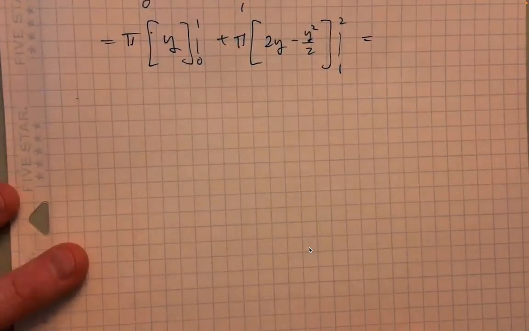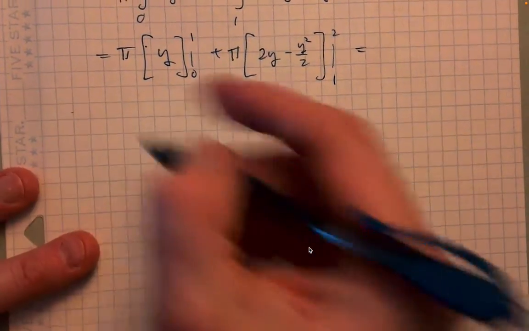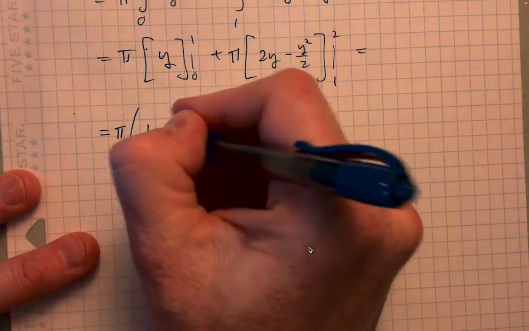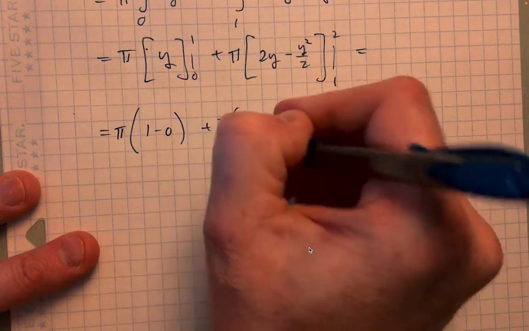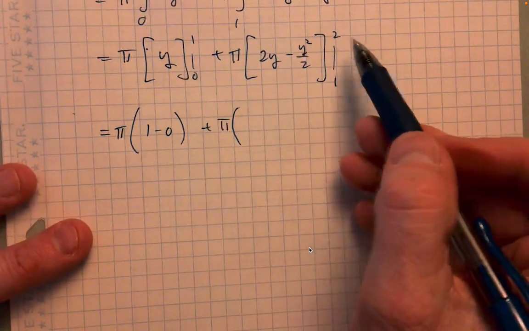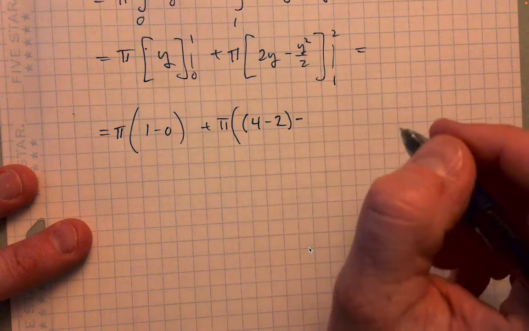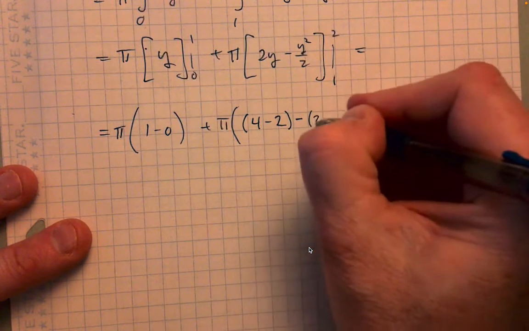Okay. And so you can calculate each of these separately. So this will be 1 minus 0. And then what do we get here? We get 4 minus 2 minus 2 minus a half.